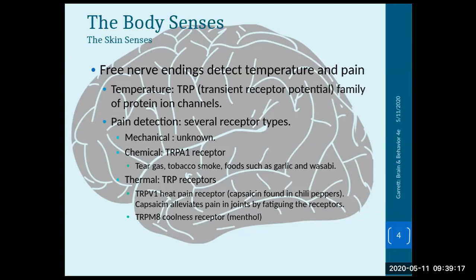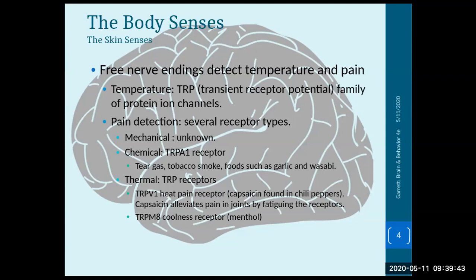I don't like the horseradishy one that makes my nose hurt. But that would be the TRPA1 receptor for chemical. Thermal, meaning too hot or too cold that causes pain, is the TRPV1, which is different from regular hot temperature.